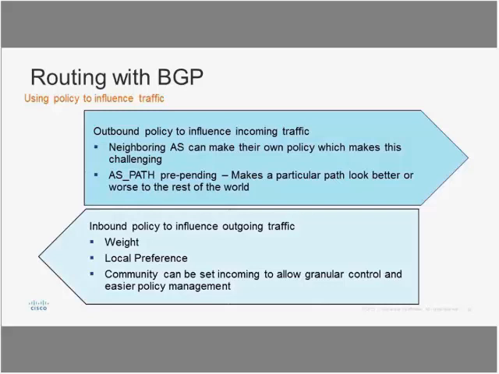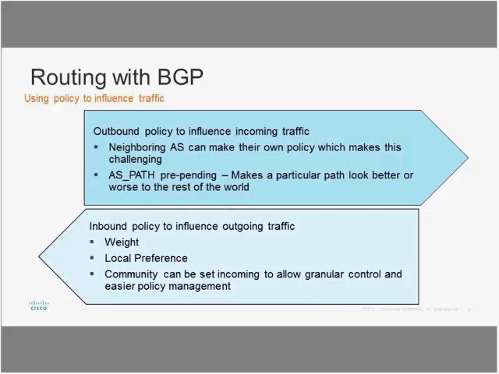Okay, so what all different attributes you can use? You can use weight, local preference, or community values to have more control over what traffic or which link you want to have your traffic flow through, right? So in a way, you can say that with BGP, you can really engineer your traffic the way you want to flow between ASs, right?